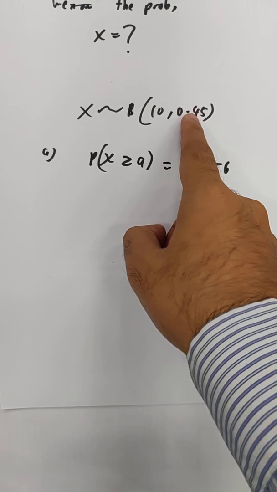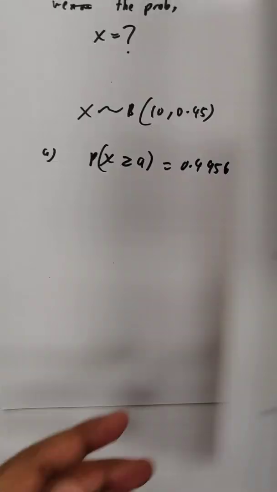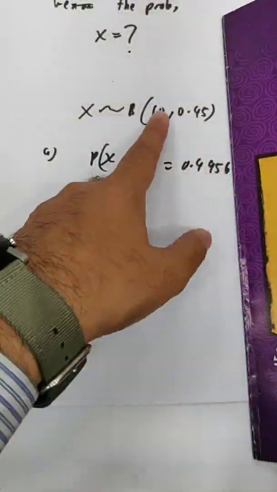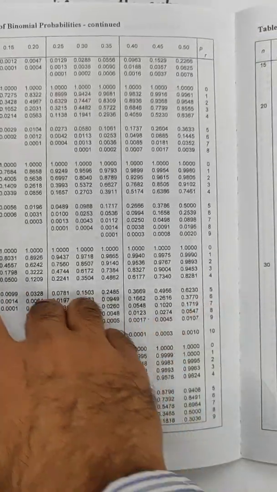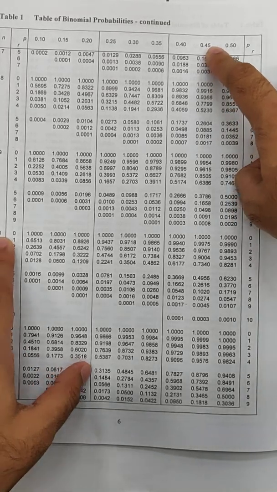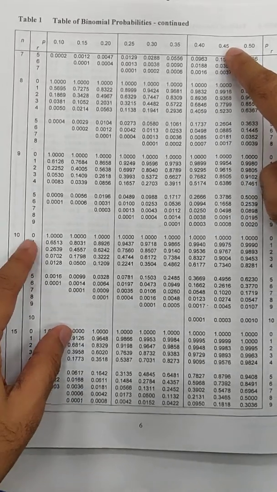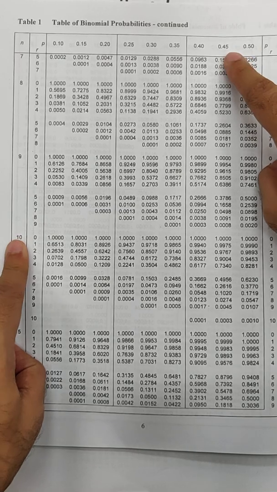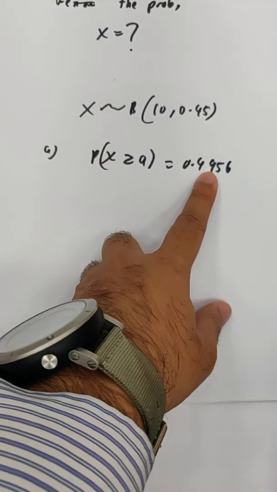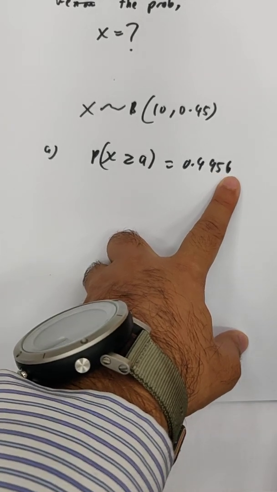Okay? So let's find the book first. Where is 0.45? Hey, that's 0.45. The n is 10. Hey, we got the correct page on our first guess. So the n is 10, p is 0.45, and I know it's 0.4956.